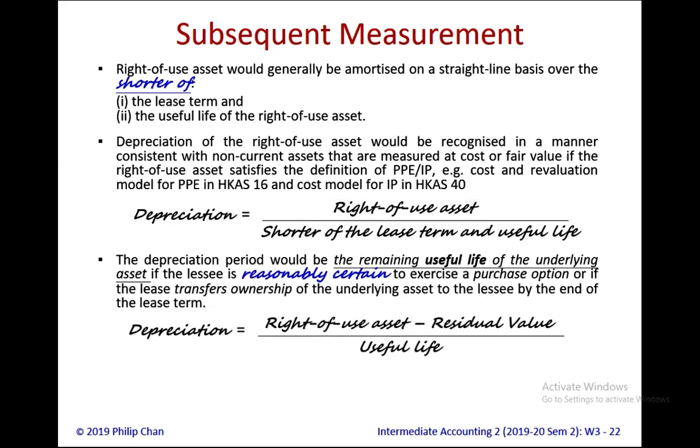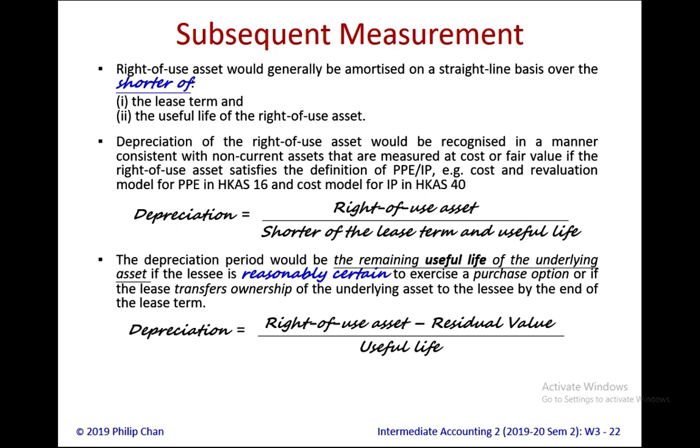And then the book value would be reduced by the residual value of the asset at the end of the useful life. Now notice that the reason we divide by the useful life is because, based on our best estimation at the inception date, it is reasonably certain that the lessee would buy the asset.